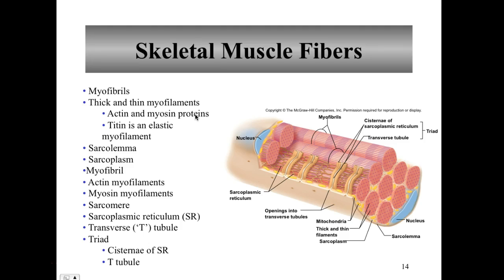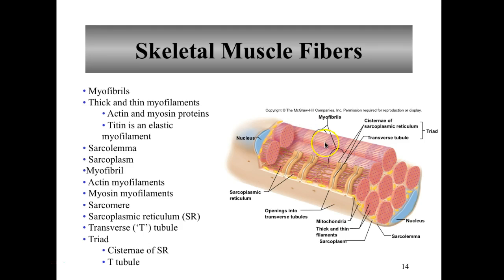In addition to that, you do have striations. And what causes those striations in the skeletal muscle? Those are caused by the arrangement of those thick and thin filaments within the myofibrils. So you could start to see some of the striations here. And the striations are given names.